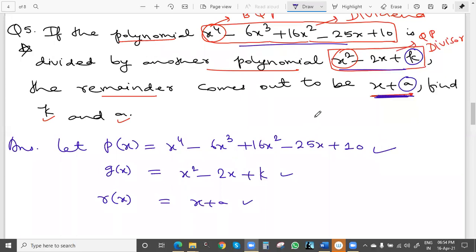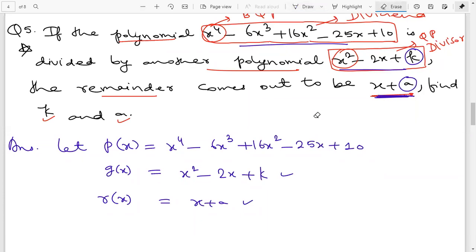Okay, see. So P(x) is a biquadratic polynomial, that is the given polynomial, and G(x) is also given. G(x) is a smaller degree polynomial.